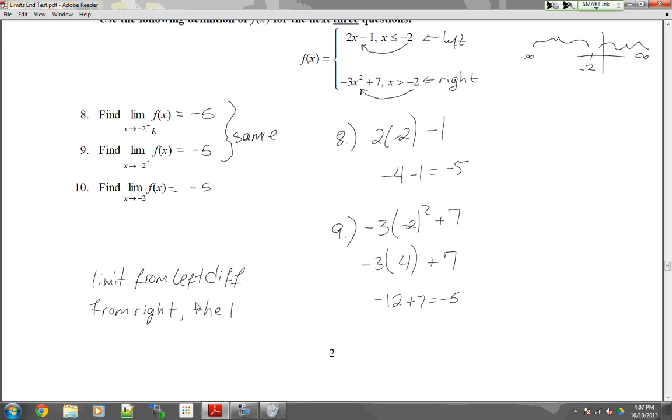All right, but in our case, they were the same, so that does exist. But tomorrow on the test, if you do this and you get a different answer for 8 and 9, 10 does not exist. If you get the same answer for 8 and 9, well, you've already done your work, so you just copy it straight down like we did.